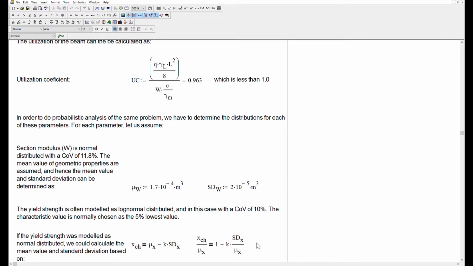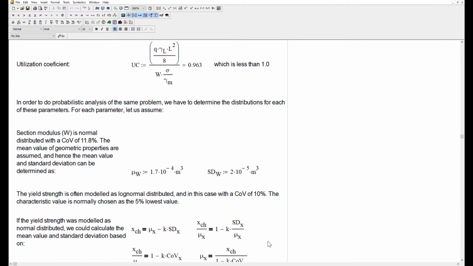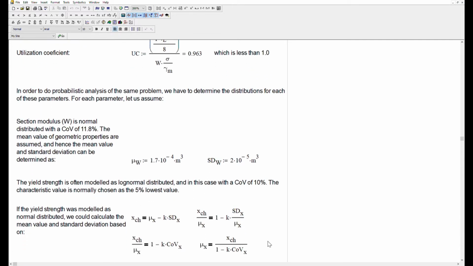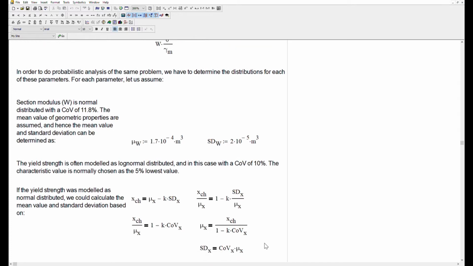We don't know the standard deviation and the mean value, so we divide by the mean value on both sides. With some manipulation, we get that the ratio between the characteristic value and the mean value is 1 minus k times the COV. And then we can calculate the mean value as the characteristic value divided by 1 minus k times COV.